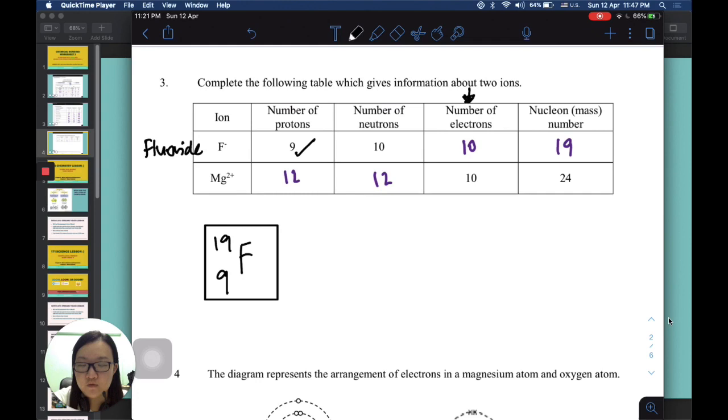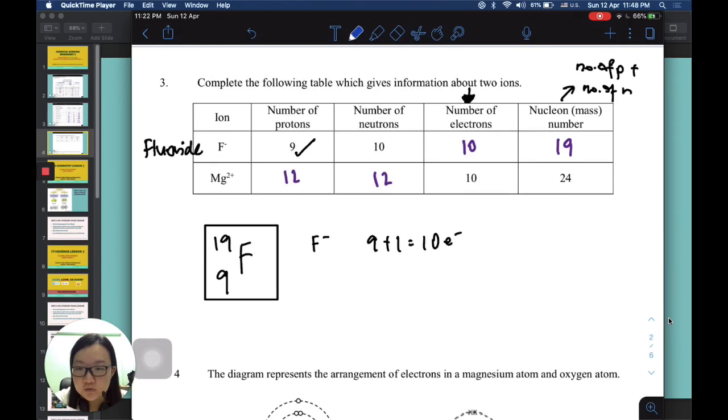And now to figure out the number of electrons, which again I say is very crucial, you need to figure out that because fluoride anion has gained 1 electron already, you need to take 9 plus 1 to get 10 electrons for the fluoride anion. So therefore the answer is 10 for number of electrons. Nucleon or mass number, just remember the formula, which is number of protons plus number of neutrons. So 10 plus 9 is 19.